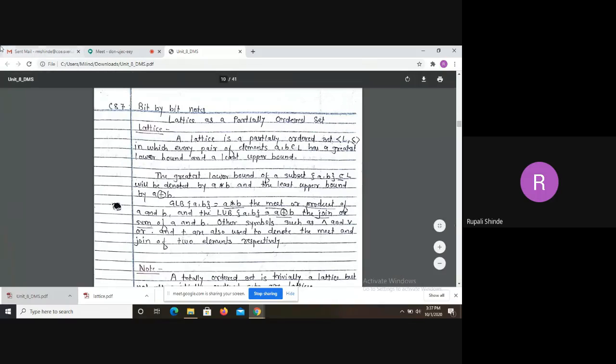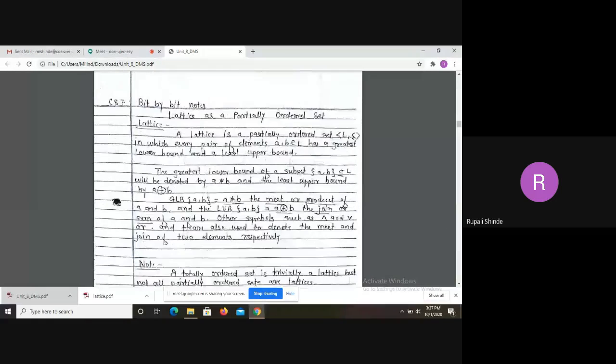For the first operation, you can use the star symbol, or you can use this AND symbol or dot symbol. So likewise for least upper bound, you can use the XOR operation or OR operation or plus operation. They have just given alternative symbols. Have you understood?